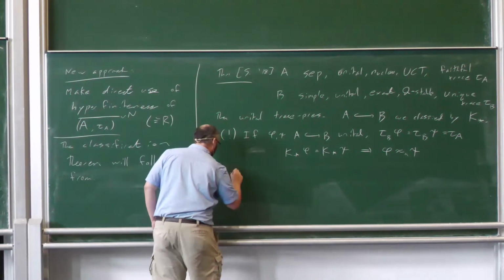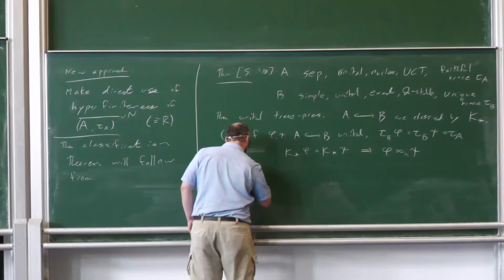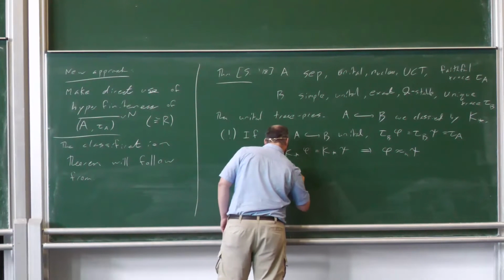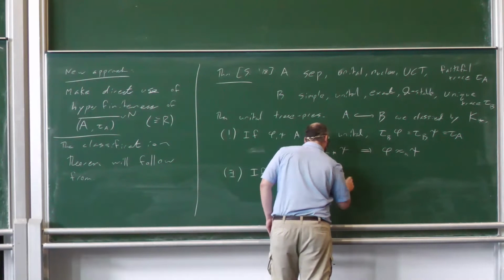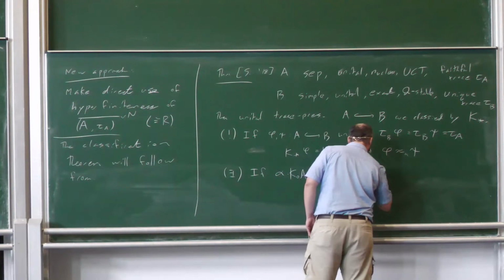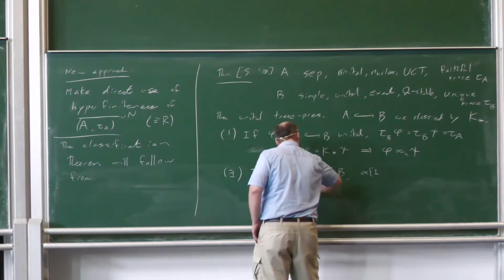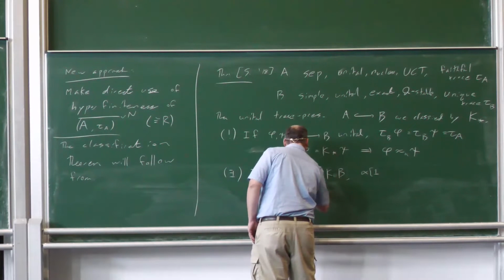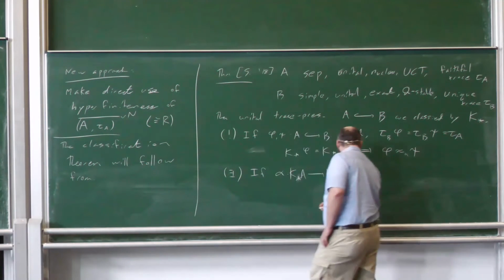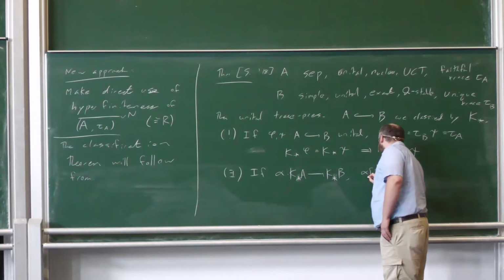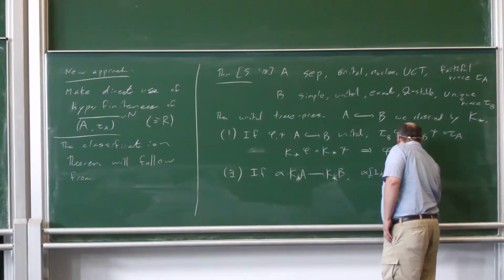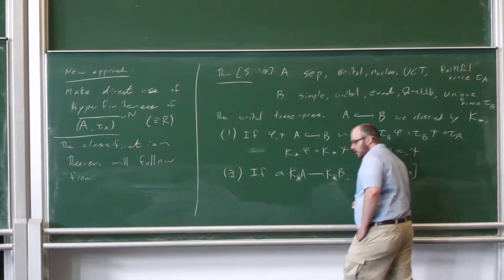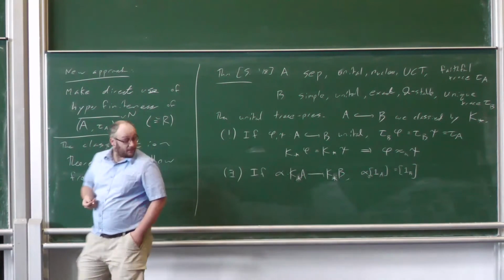If you have a K0 map, K0 of A to K0 of B, which preserves the unit, oh, I want 2 maps, one on K0 and one on K1. So the map on K0 takes the class of the unit to the class of the unit, and it preserves the trace.